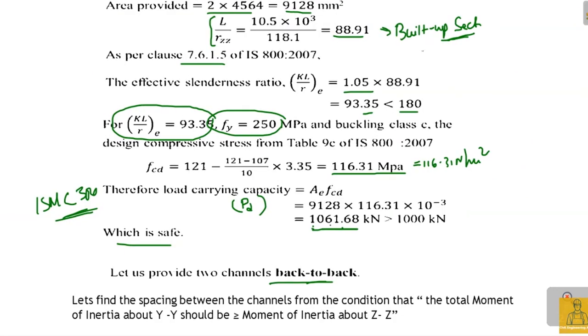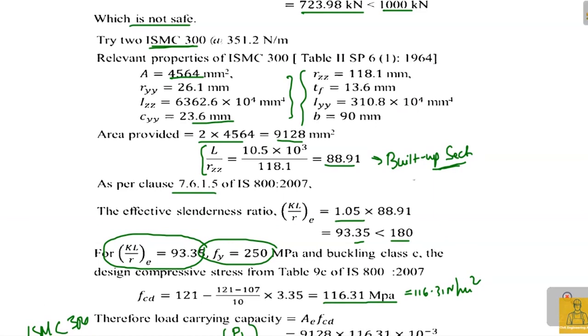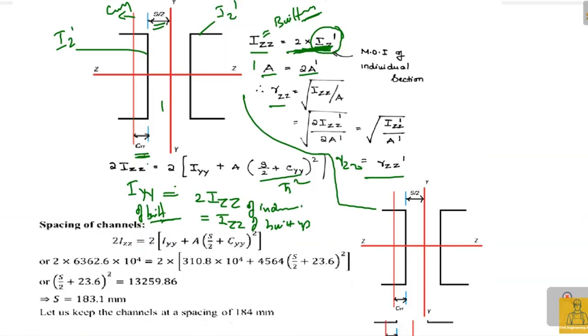We found out, right? After the second trial, what is the IZZ value? 6362. This is for the individual section, right? So that is what we are using. 2 times that value has to be taken here.